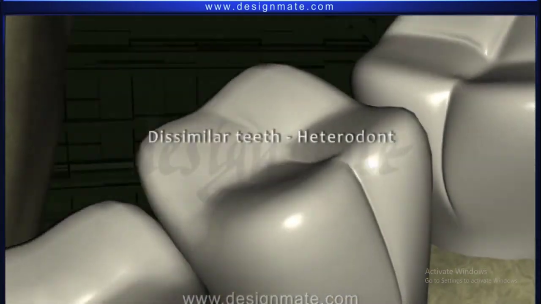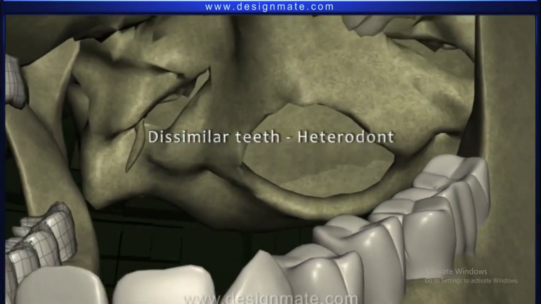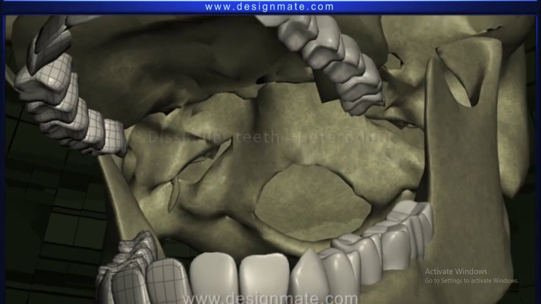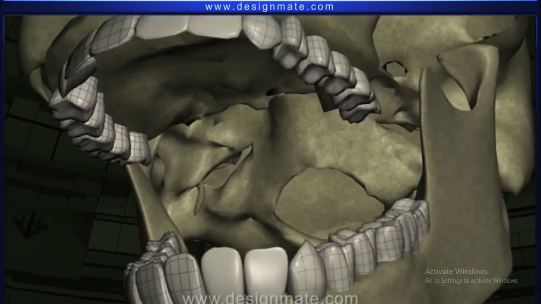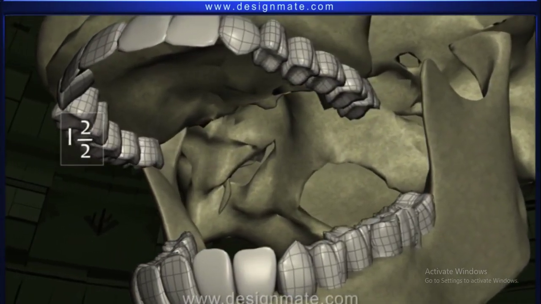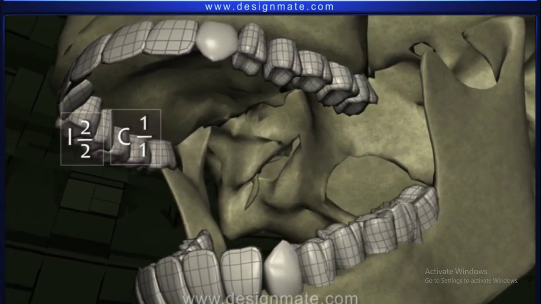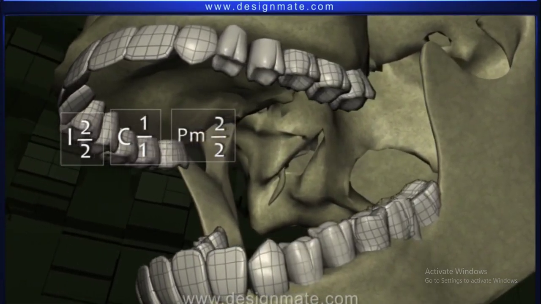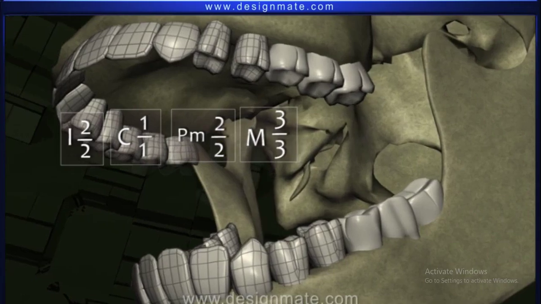Thus, human teeth are dissimilar and so are called heterodont. The dental formula is represented as I 2 by 2, C 1 by 1, PM 2 by 2, M 3 by 3.